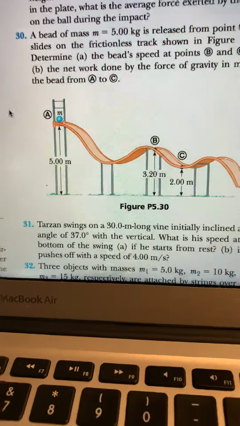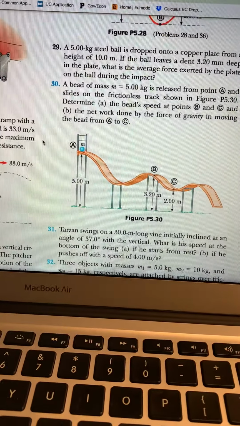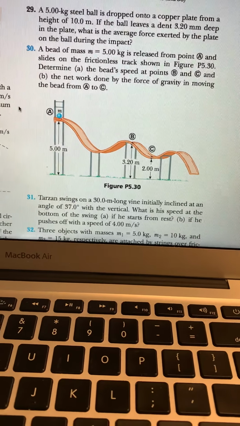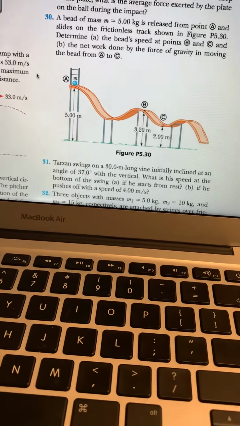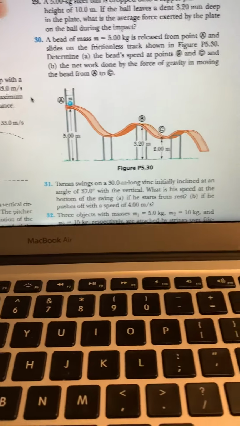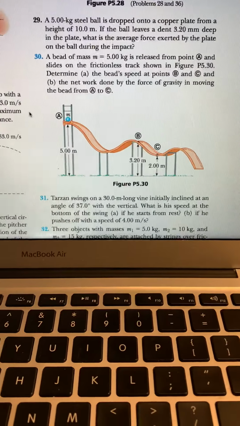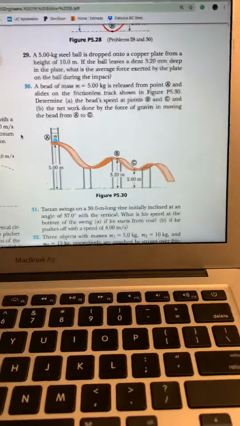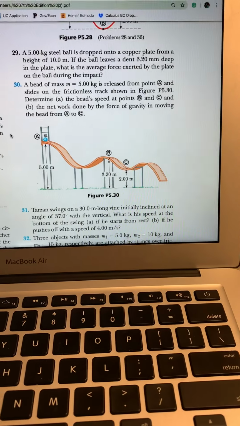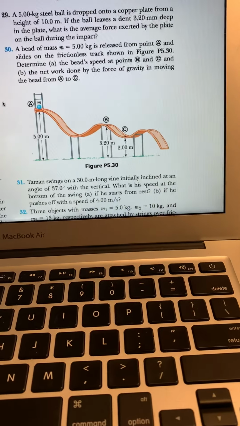Part B asks for the net work done by the force of gravity in moving the bead from A to C. The way I did that was, by the work-energy theorem, the change in kinetic energy is the net work done.